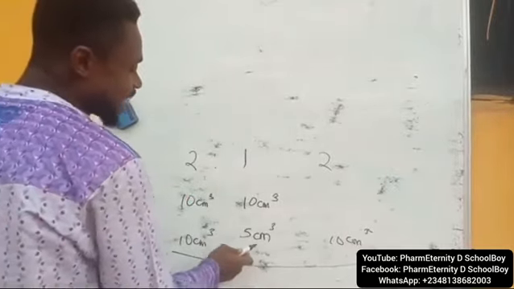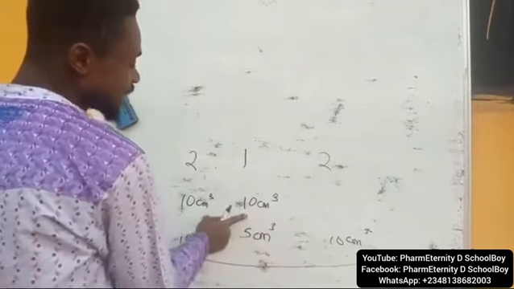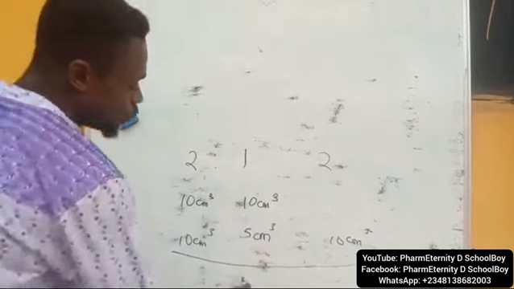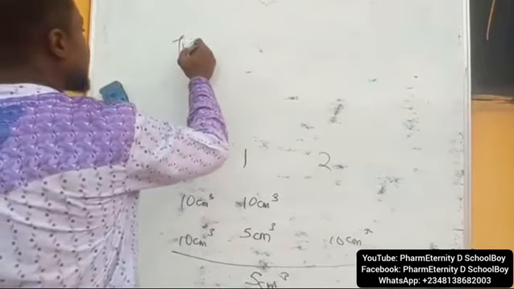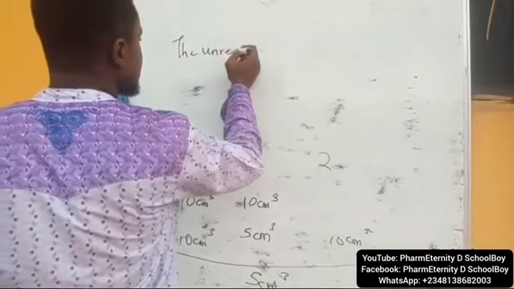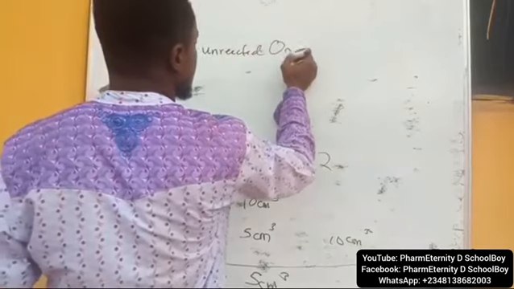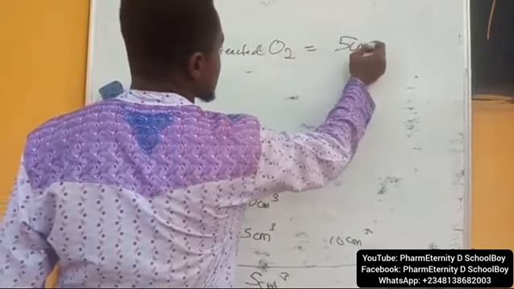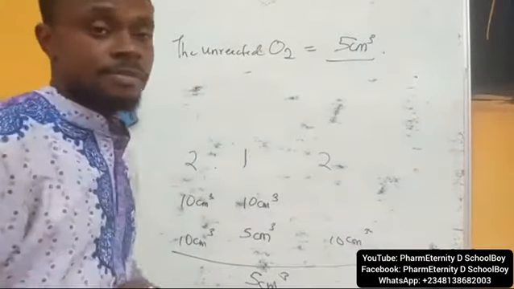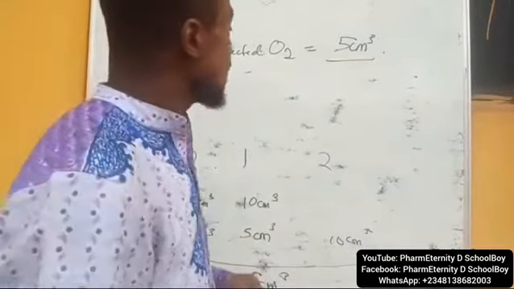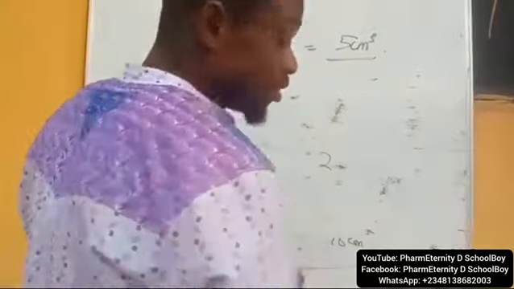The unreacted oxygen is 10 cm cube minus 5 cm cube, which is what? 5 cm cube. That's the volume of oxygen that did not react.